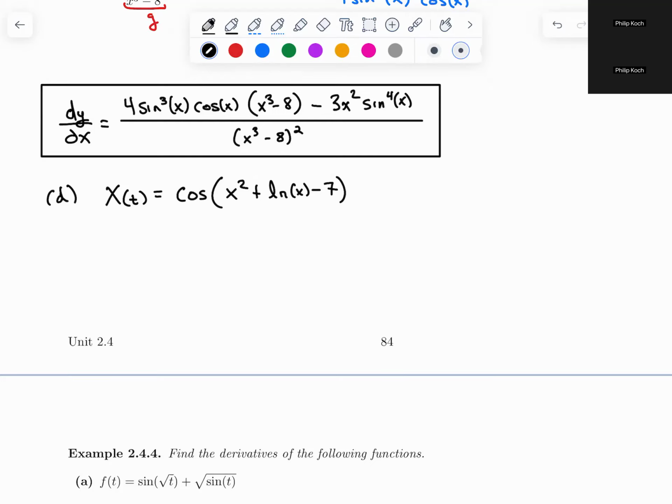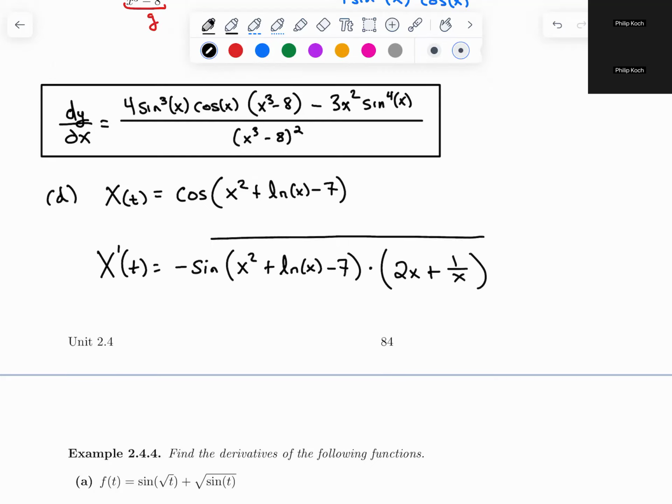So x prime of t would be negative sine of x squared plus natural log of x minus 7 times the derivative of the inside. The inside function being x squared plus ln x minus 7. So the derivative of x squared plus ln x minus 7 would be 2x plus 1 over x, and that's it.